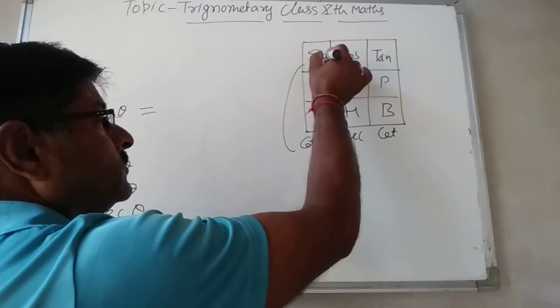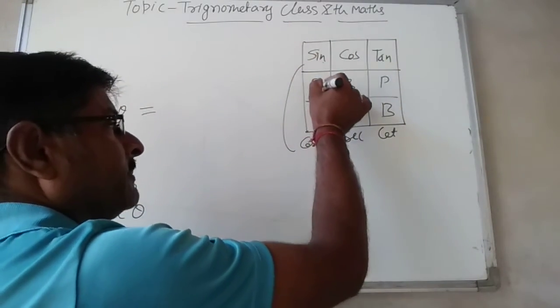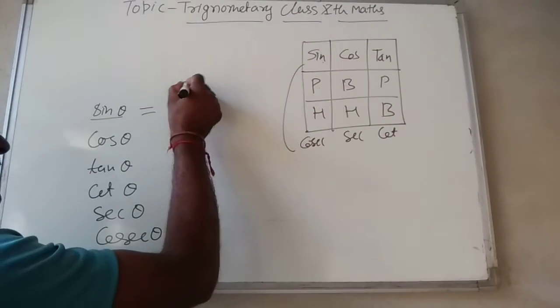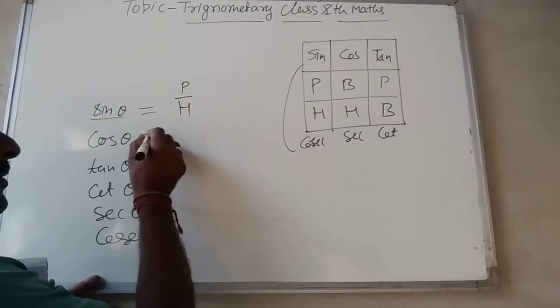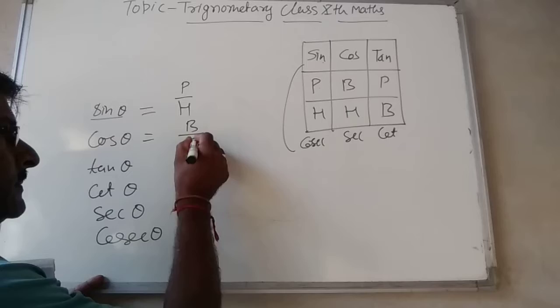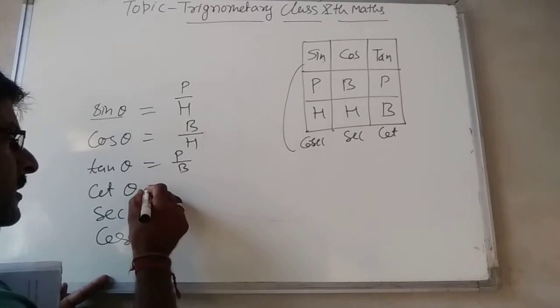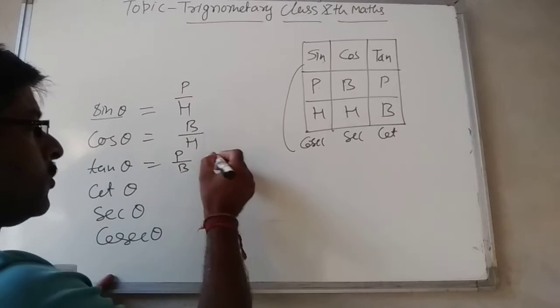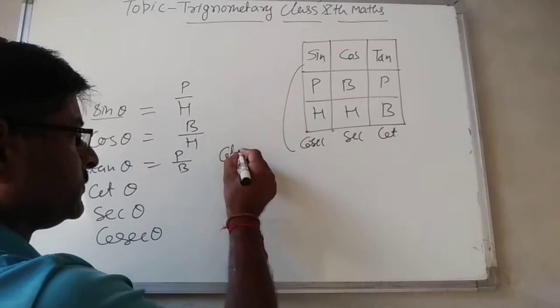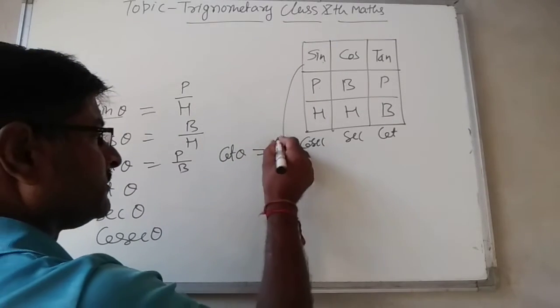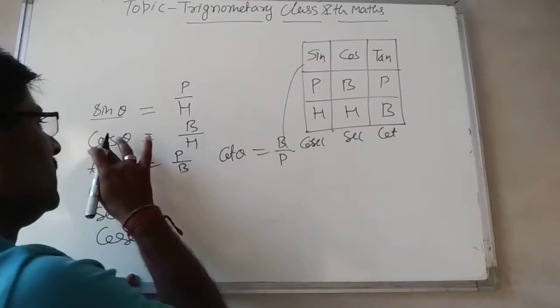So ratio for sine theta becomes perpendicular upon H, P upon H. Cos theta becomes B upon H. Tan theta becomes perpendicular upon base. So cot theta is reciprocal of tan, so this is base upon perpendicular.